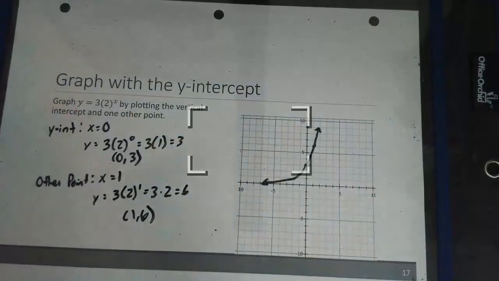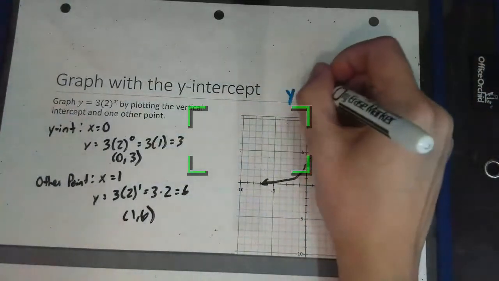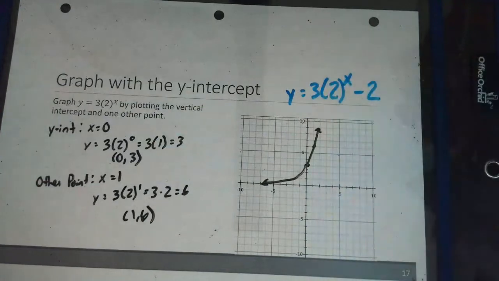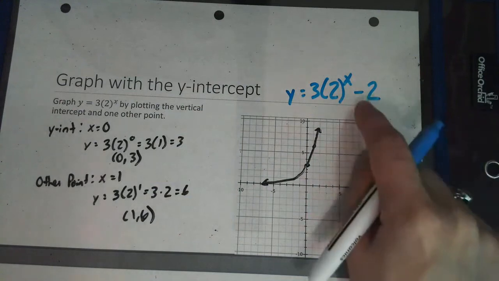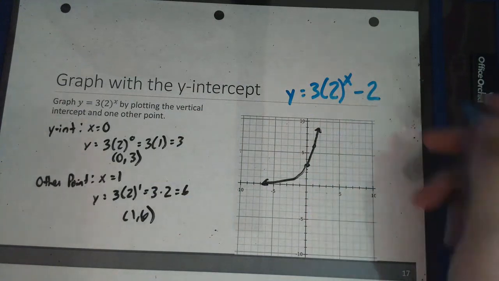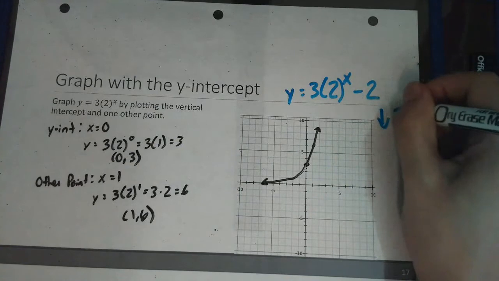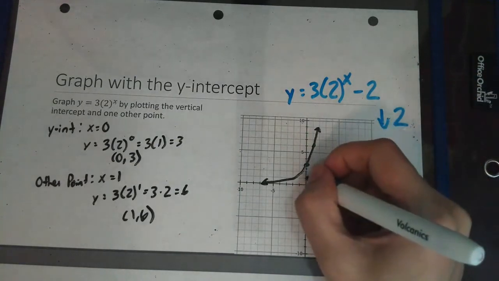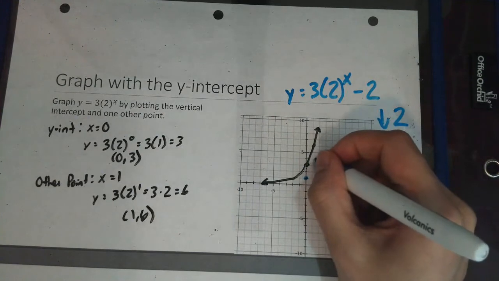So now we want to graph y equals 3 times 2 to the x minus 2. Well, according to those little rules about graphing with transformation, this minus 2 is going to shift us down 2 units. So whatever points I have, I'm going to move them down by 2.